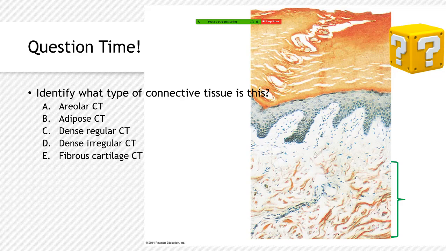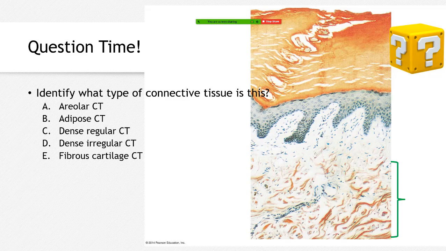Let's see if we can identify. Notice I used the exact same picture here, but now I am pointing to somewhere else on the picture. I want you to identify what type of connective tissue this is. First of all, we know this is a connective tissue because it's not on the surface of something, so it's deeper in.